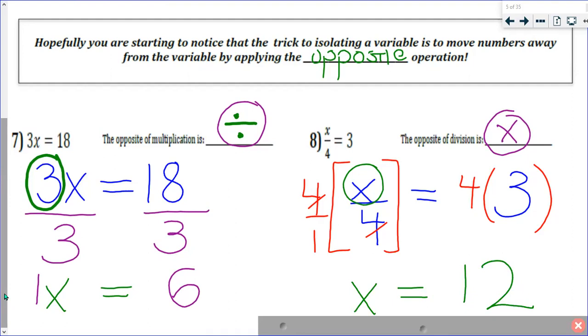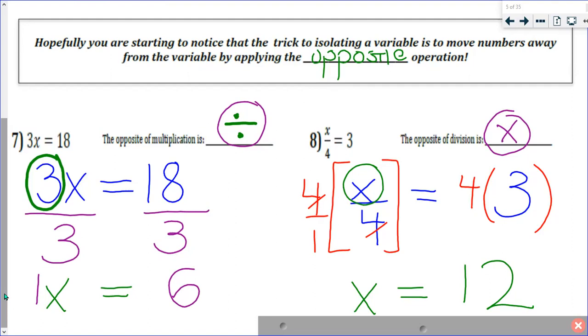Now, this is the beginning of algebra. These are one-step equations. So it's not always going to be this simple. Sometimes it's going to be more complicated. And actually, tomorrow's lesson will be a bit more complicated, but you will be practicing together in your teams in order to practice these 1-step and 2-step equations.